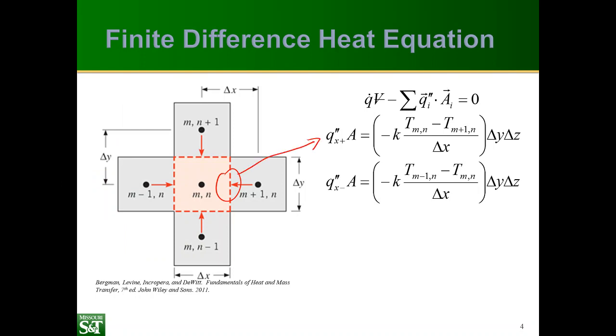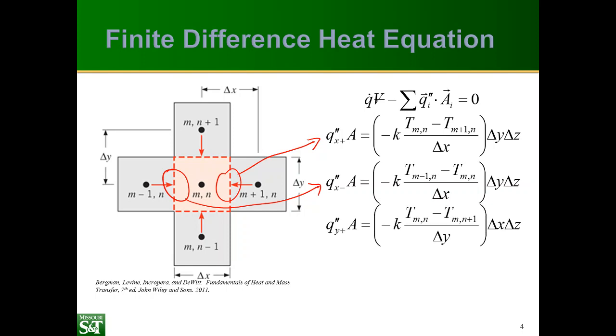So we have the thermal conductivity, and then we have the temperature gradient, and then we have the area, which is delta y, delta z. Then we can also look at the x minus side, which is here, the y plus side, which is here, and the y minus side, which is here.